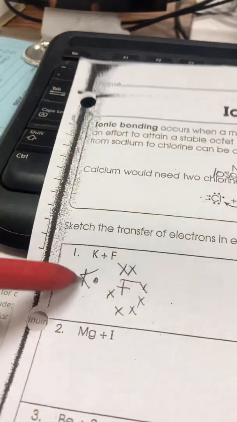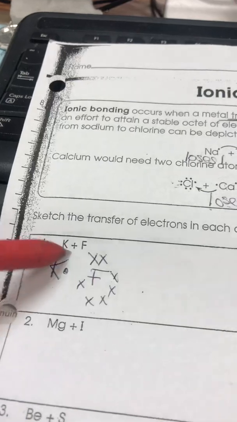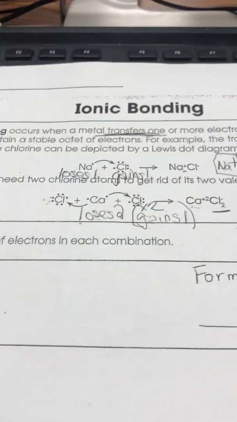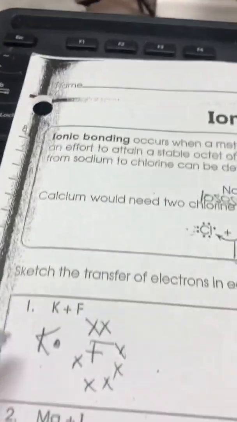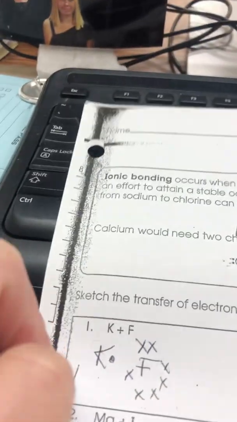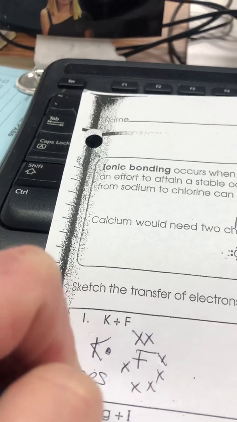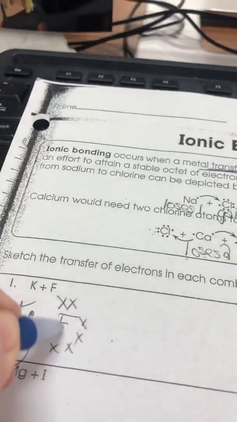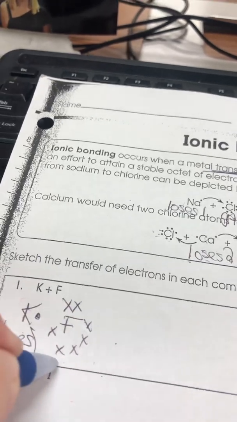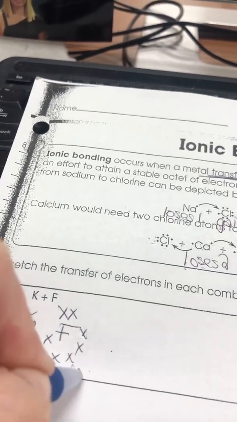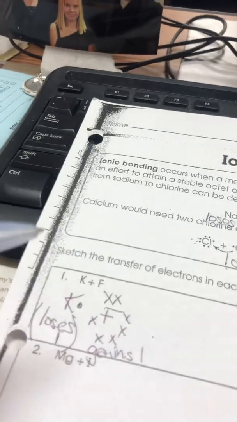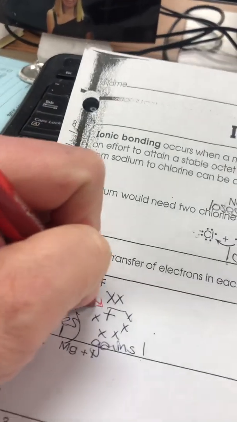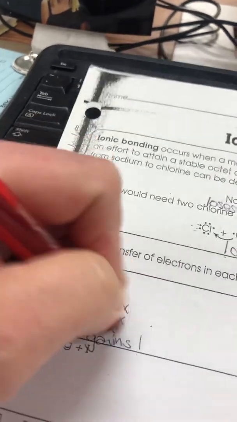So what's happening is this guy has one electron, and he very easily wants to lose that electron, okay? So the K wants to lose one electron. That's what he wants to do. And the fluorine, because he has 7, needs to gain 1. He gains 1, okay? And so that one electron, which I'm going to try to show in red, is basically going over and going into the F.